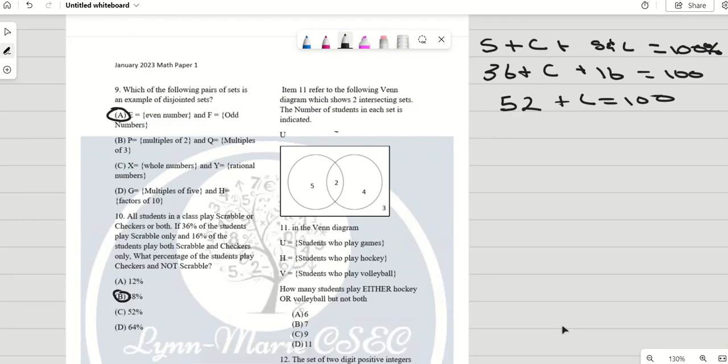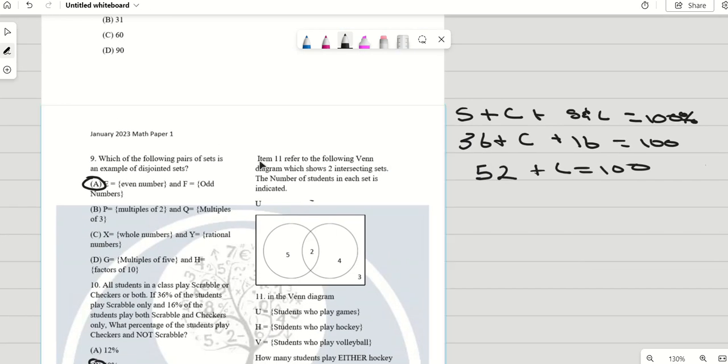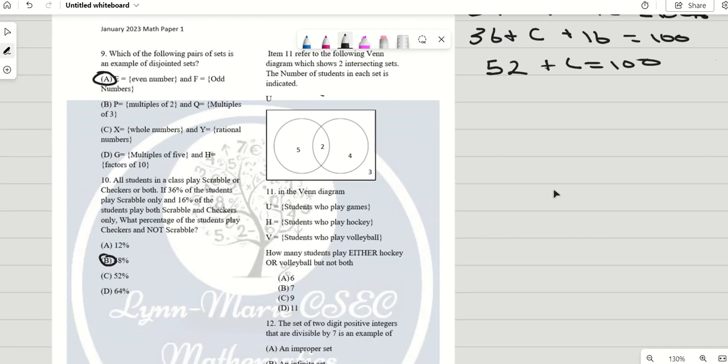Let's look at number 11. Item 11 refers to the Venn diagram, which shows two intersecting sets. The number of students in each set is indicated. In the Venn diagram, the universal set is the number of students who play games. H is the students who play hockey, V is the students who play volleyball.